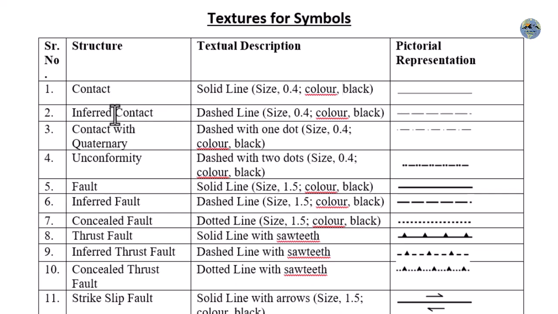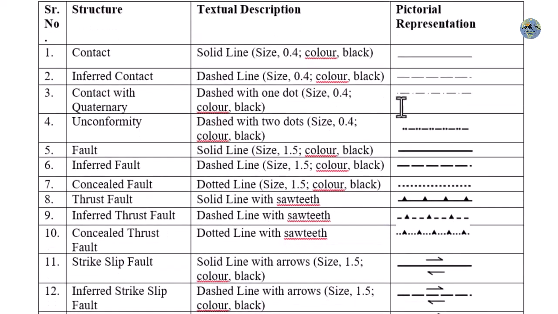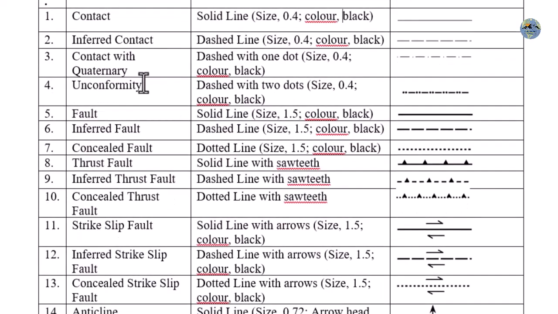If it is uncertain, you can use a dash line with the size of 0.4, color black. For contact with quaternary sediments, you can use a dash line, dash with one dot, and this is the size of it. This one is used for the unconformity.